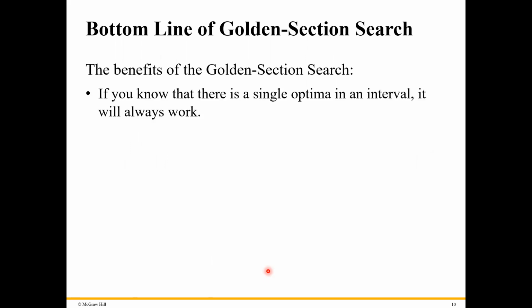The benefit of the golden section search is that if you know there is a single optimum in an interval, it will always work. This method always works if there is a single maximum or minimum value. It allows an exact upper bound estimate of the error.